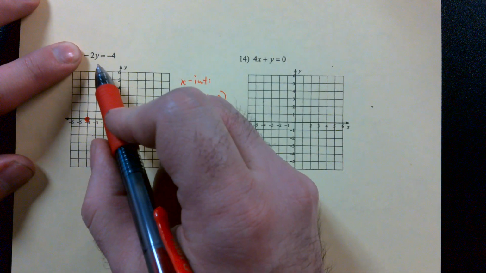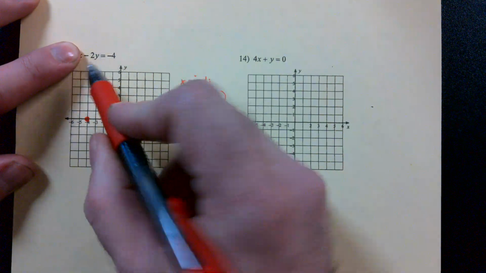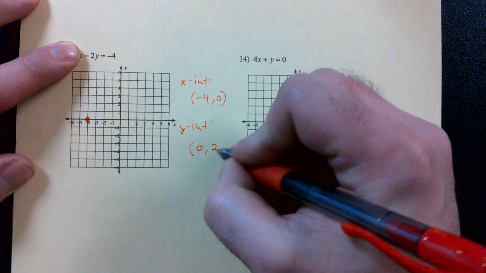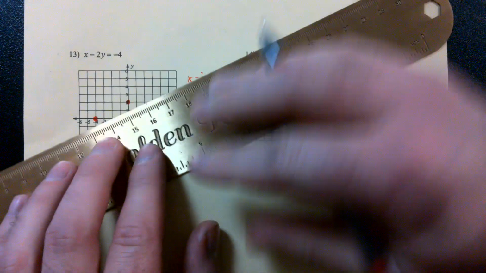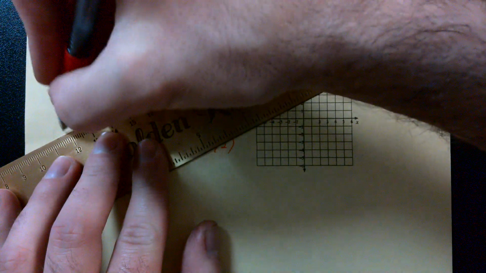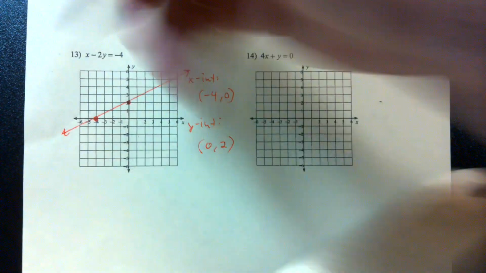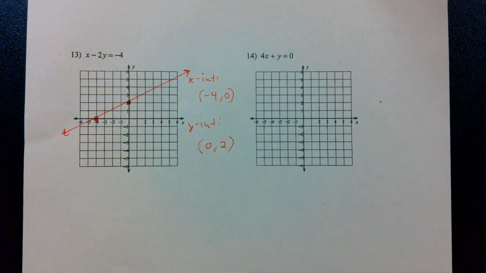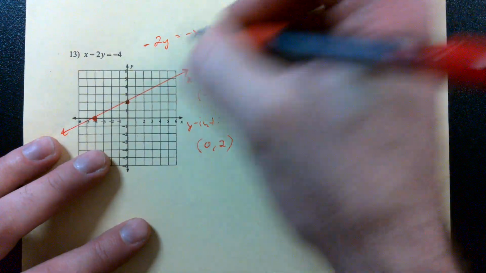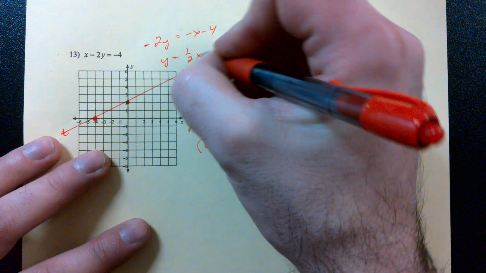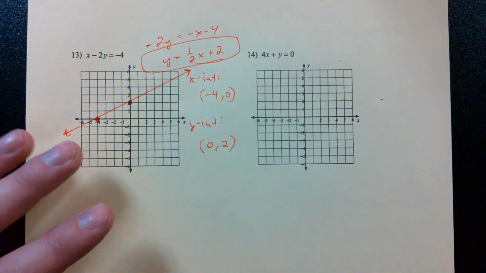Well, negative 2y equals negative 4, so y must equal 2, giving 0, 2. I got to plot that point, and now I've got my line. Either way works. Then if we wanted to put this in slope-intercept, y is equal to 1/2 x plus 2 would be our equation.